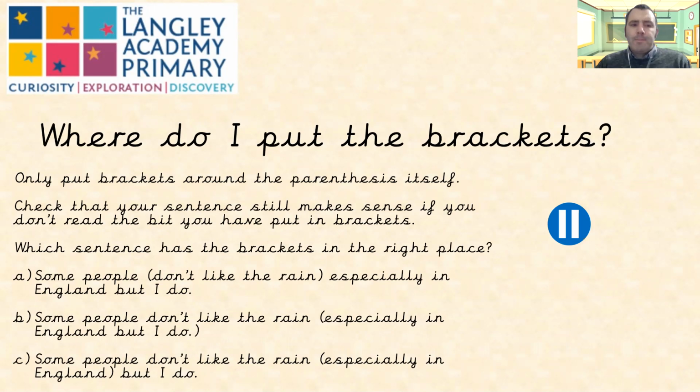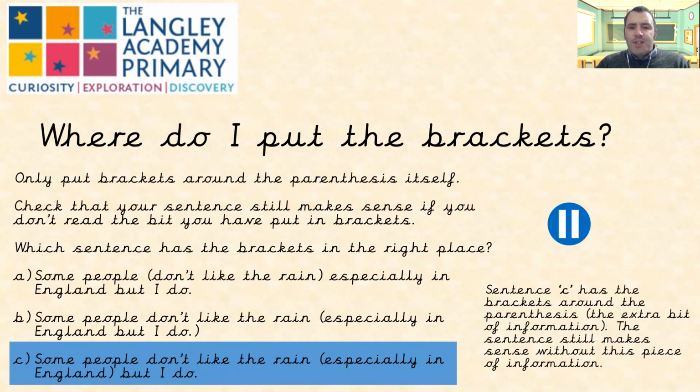Which one did you go for? The correct answer is C. It has the brackets around the parenthesis, so the extra bit of information. The sentence still makes sense without this piece of information. So we've got some people don't like the rain, especially in England, but I do.